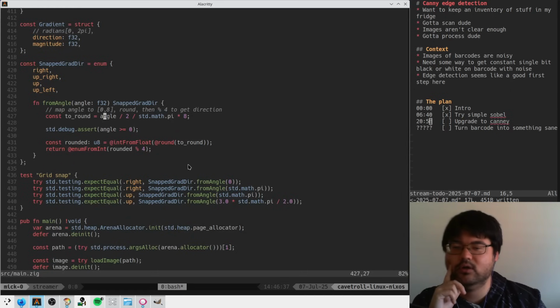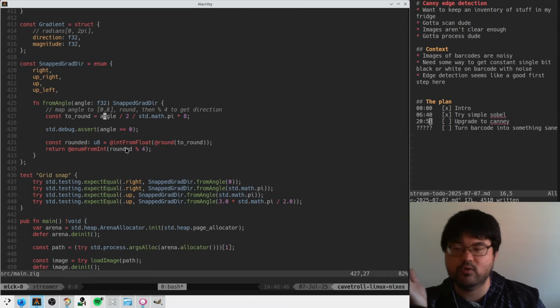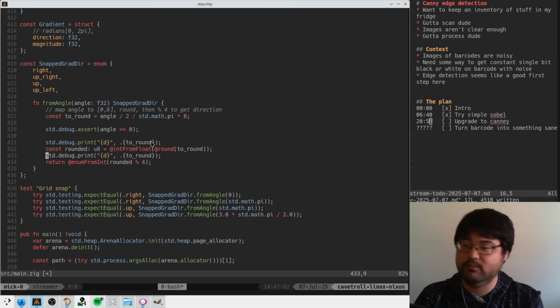This is pi over 2 over pi, so this is 0.5 times 8 is 4, right? So this is 4 over 4 should be 0. So what is wrong here? What is it complaining about? What the heck?